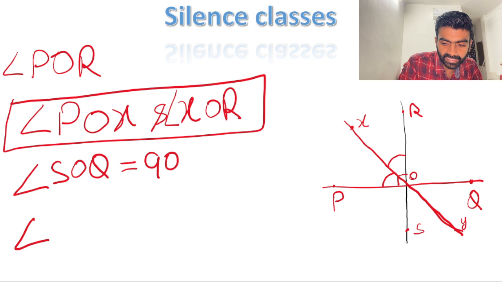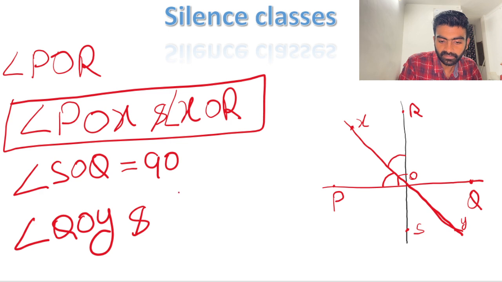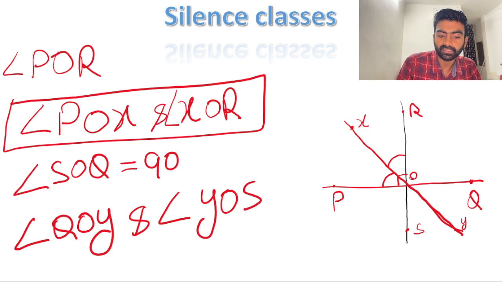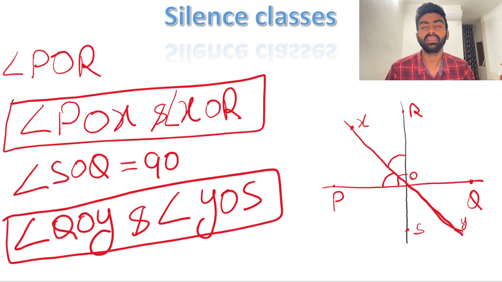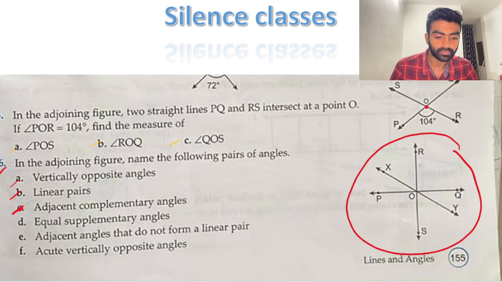So we can say angle QOY and angle YOS are adjacent complementary angles. I hope you understood how I found this. Now let's move to the next part.